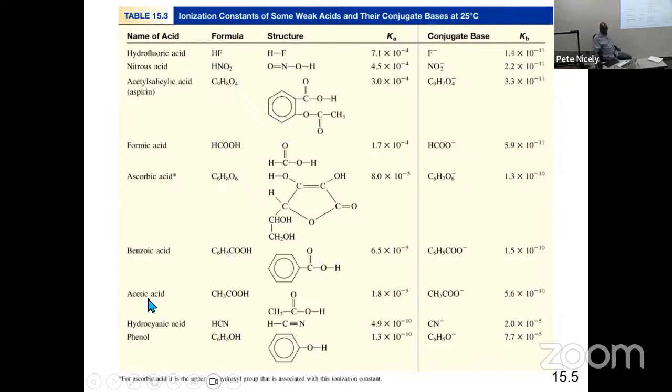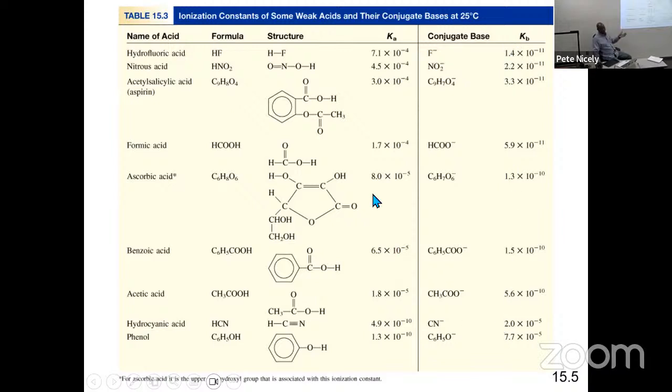And what you'll notice here is that the Kb values increase. So this demonstrates the relationship between the Ka value for the weak acid and the Kb value for the conjugate base of the weak acid. There's an inverse relationship. As the Ka decreases, the Kb increases.